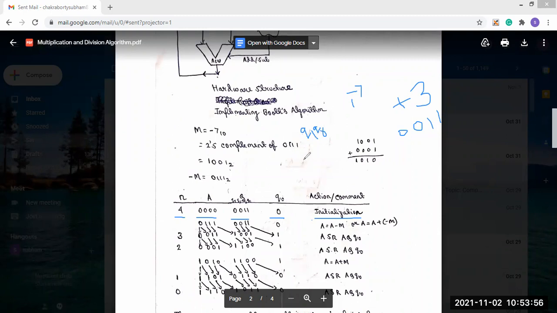If it is 1 0, then we have to perform the arithmetic A = A - M. If we check the flowchart, if Q1 is 1 and Q0 is 0, then we do this operation. We can also write it as A + (-M).